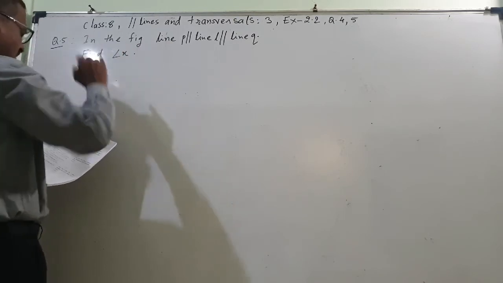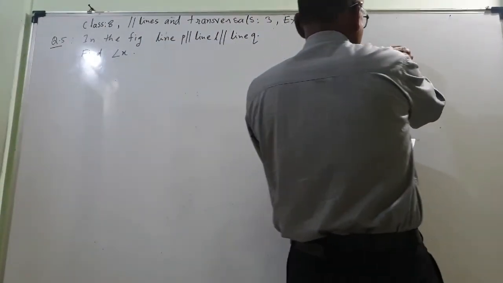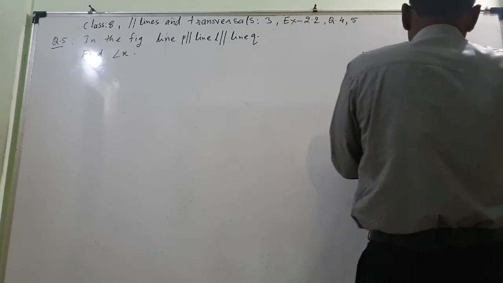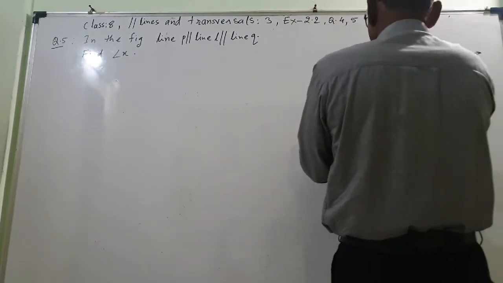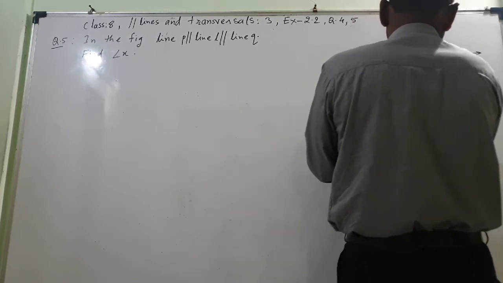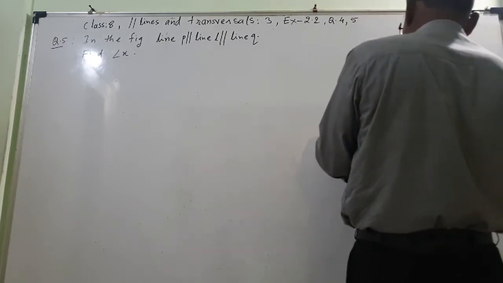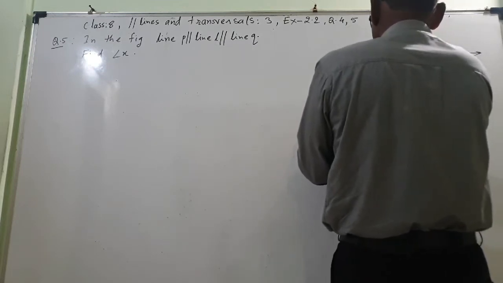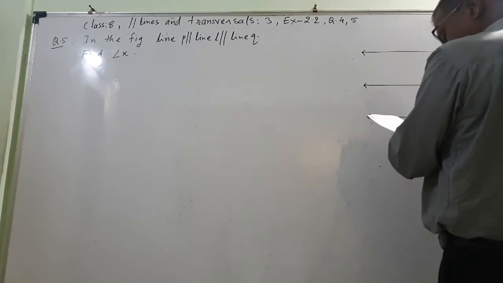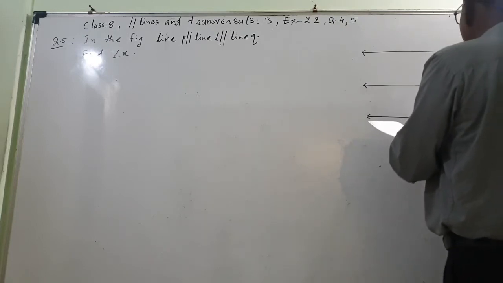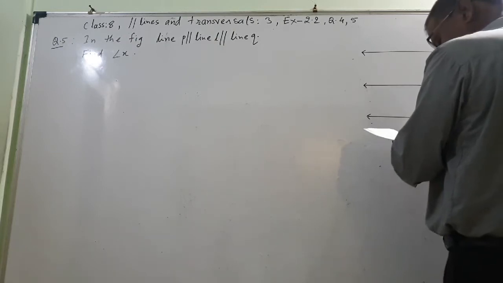Find X. So the figure is like this. These are the three lines, P, L and Q line.